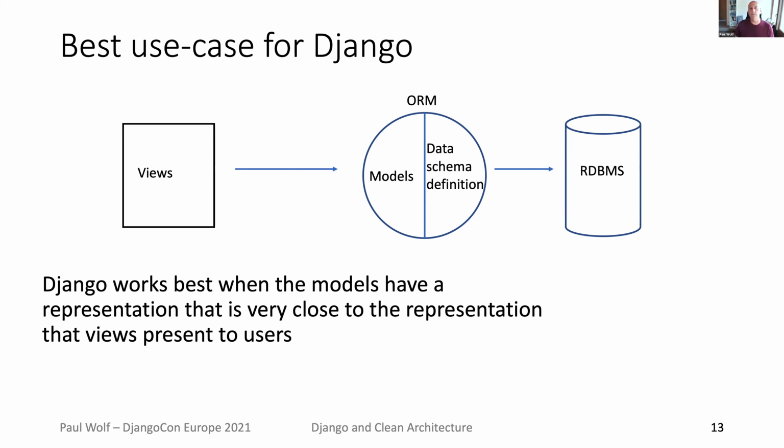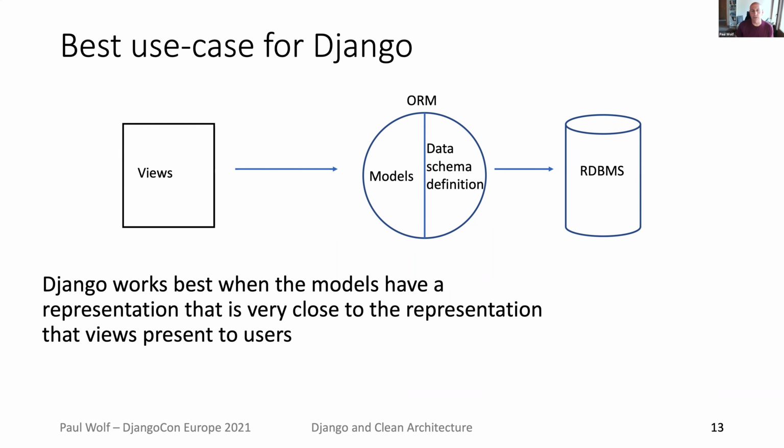Now, best use case for Django, this is my opinion, is you have basically the schema, but the essential factor is that your models, the way they are put together, they will represent a domain that is very similar to the way you want to present that domain through your views.